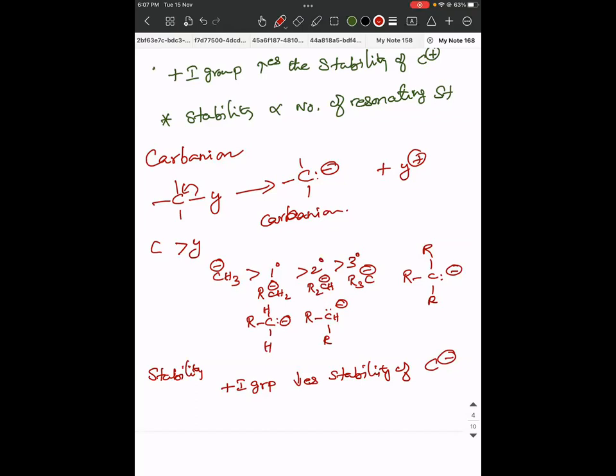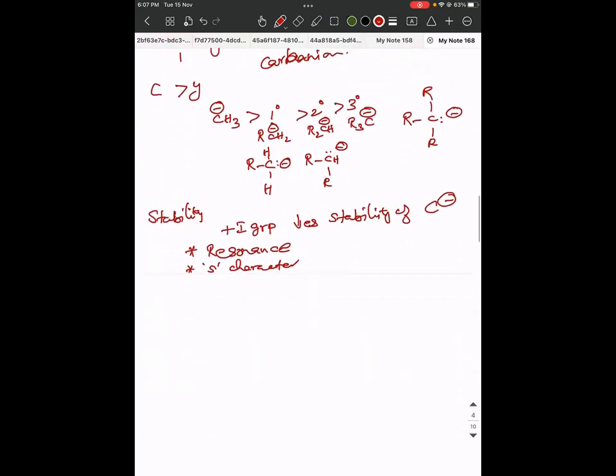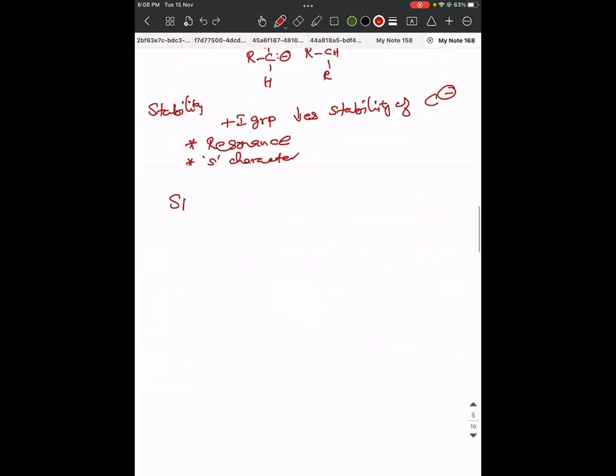Okay, and then resonance and S character. Again, S character. When you look at hybridization, what hybridizations do we have?